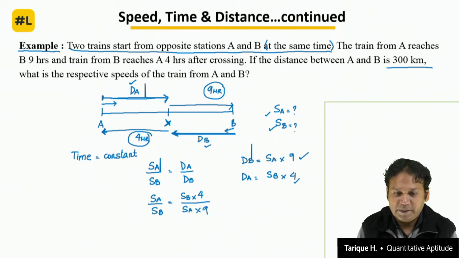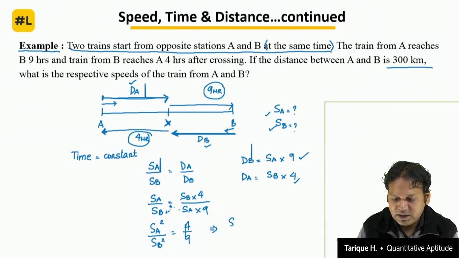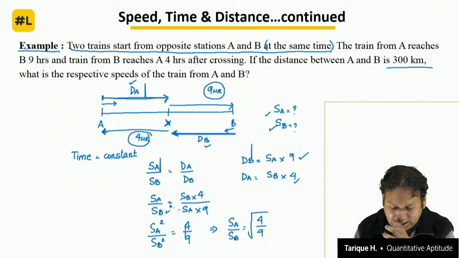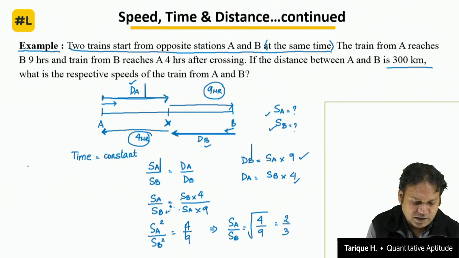So when you cross multiply, SA goes this side, SB comes this side, we get SA square by SB square is equal to 4 by 9, or we can say SA by SB is equal to under root 4 by 9. So that is equal to 2 by 3. So what we get here is a ratio of speed.